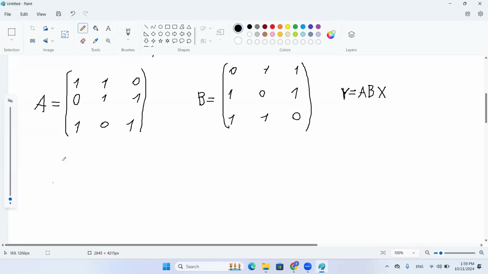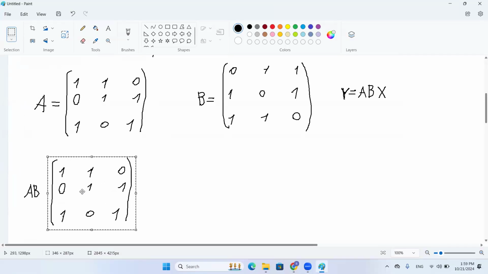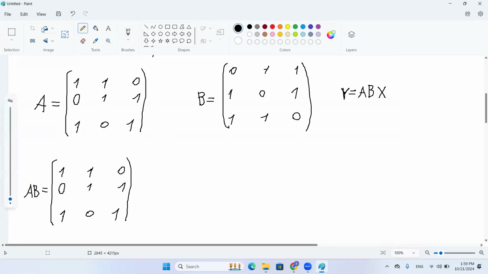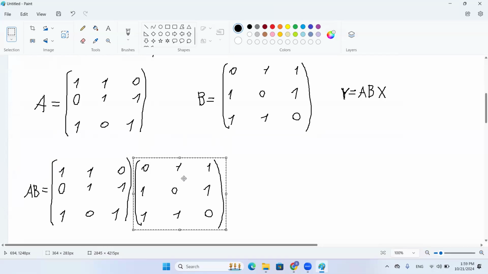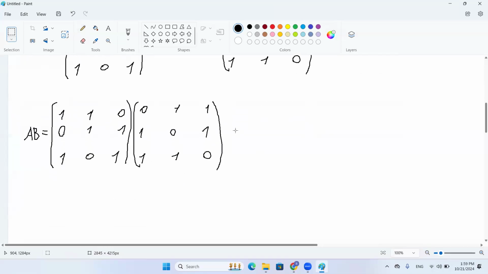So now let's multiply A and B. Okay. Yeah, I know you like multiplying matrices with dimension 3 by 3, but this is the only way to solve the task.